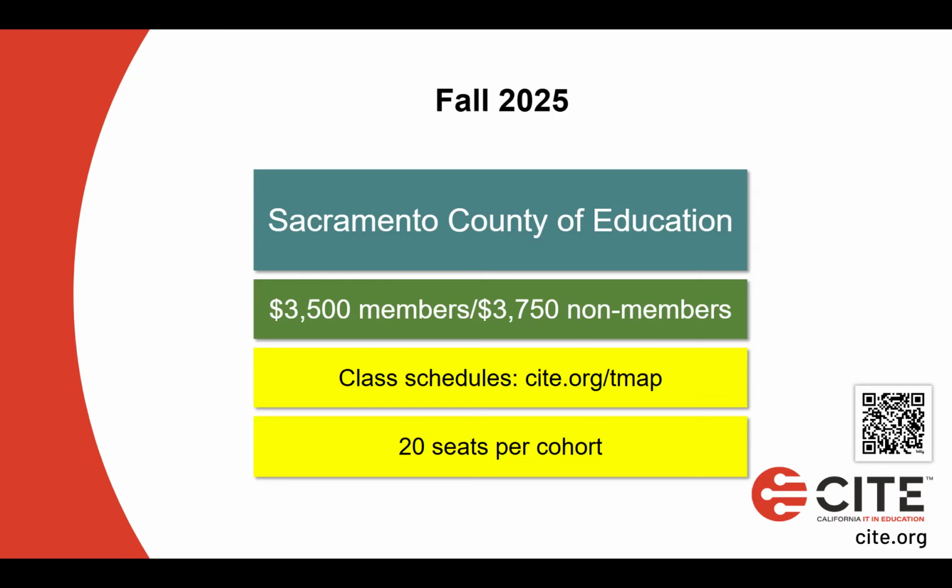Lots of leaders across K-12 institutions, especially at the CTO level, superintendents, are really familiar with CITE's work, and they want people who are trained in CITE's leadership philosophies on their team to share their work, train their colleagues, and impart the knowledge they gained from TMAP. So I definitely recommend talking to your directors, talking to your CTO, and seeing if there is potential to be funded or partly funded, because it really is not only an investment in yourself, but also in your district.